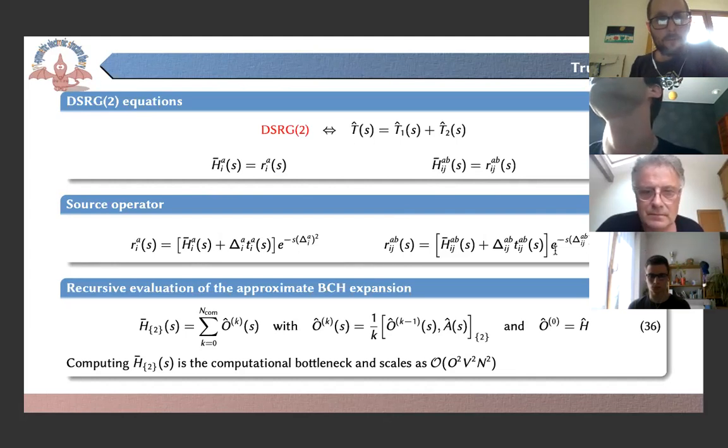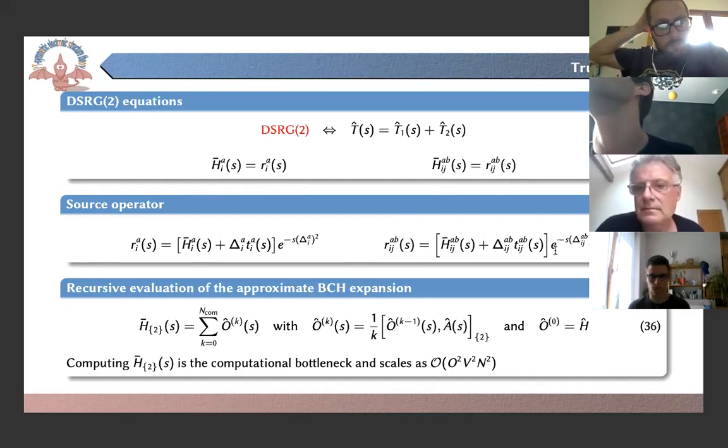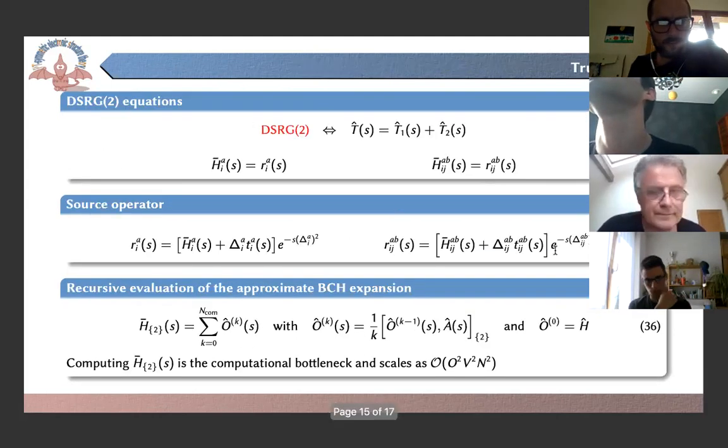And I can use the tricks by Garnet Chan and Yanai to compute that commutator, which does a BCH expansion that never stops. There is a recursive formula to do this that you can apply.